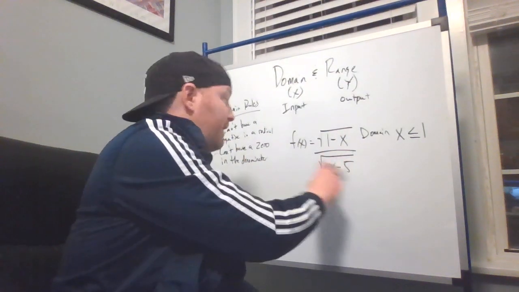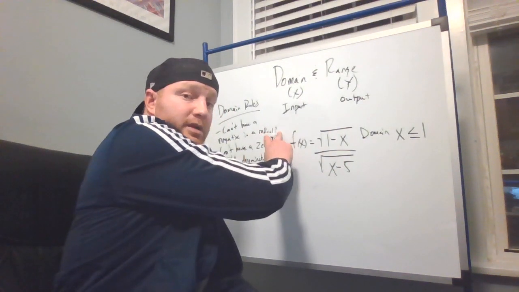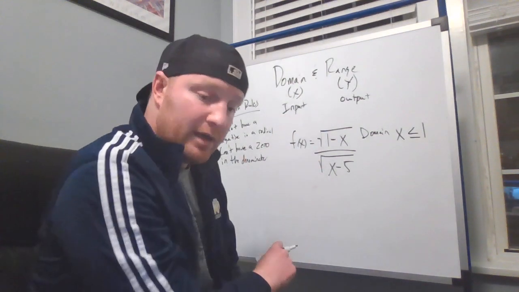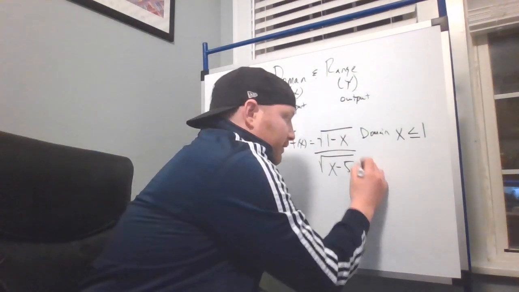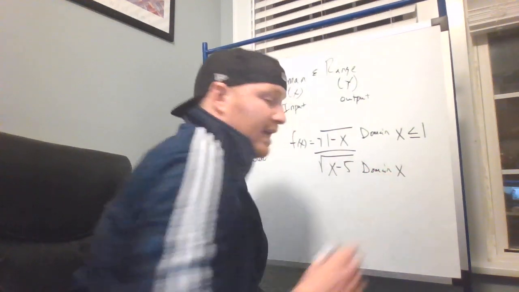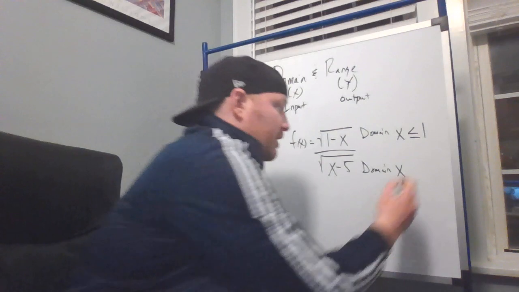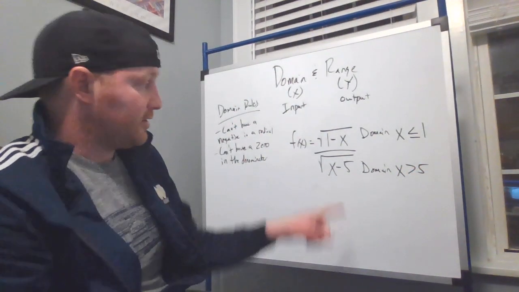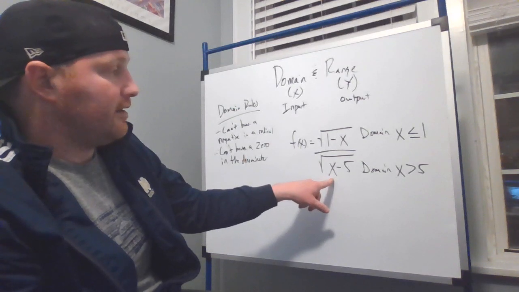Now my denominator follows both of these rules. All right, both rules. I can't have a negative number, nor can I have a 0. So because of that, my domain for this denominator, which again is for the whole function, x has to also be greater than 5. Okay? Because clearly, this is the only way it can work.